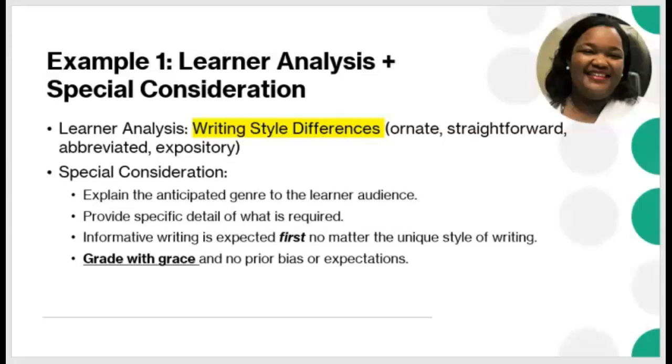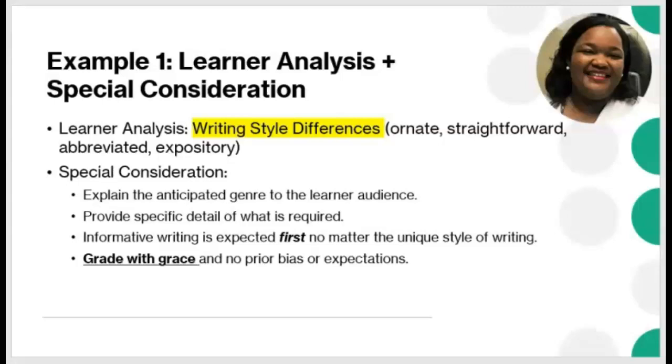And most of all, probably the most important thing that I do is I grade with grace, because everyone is different, and it takes me a few of your submissions to kind of glean where you are. But once I identify your individual learning difference in regards to writing styles, I will grade with grace.